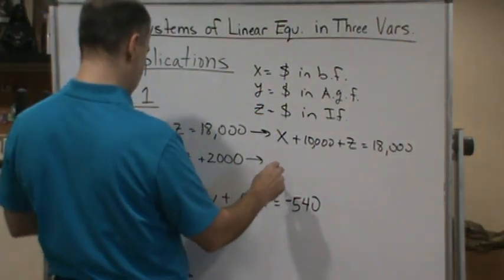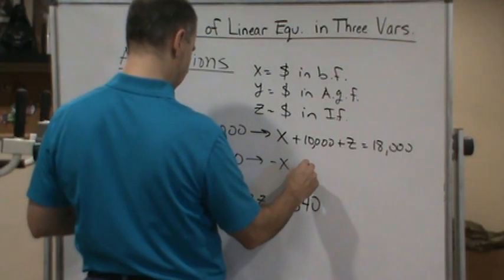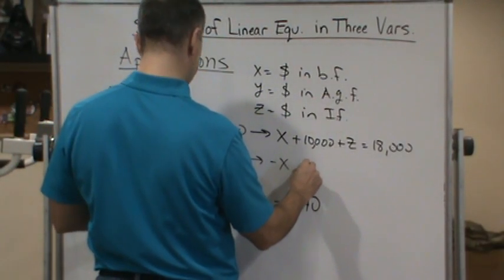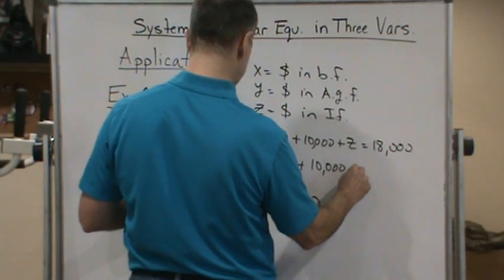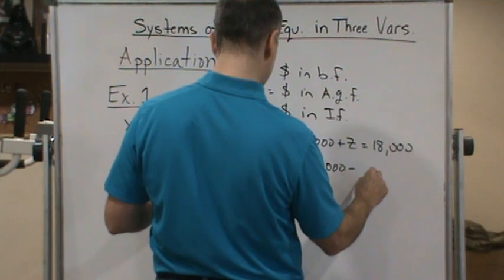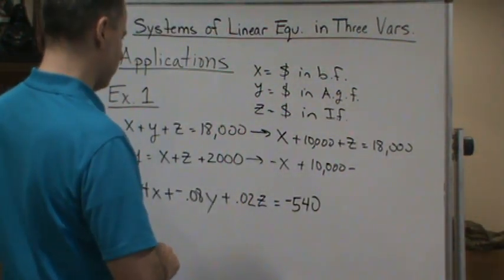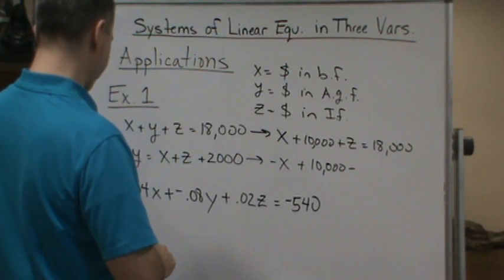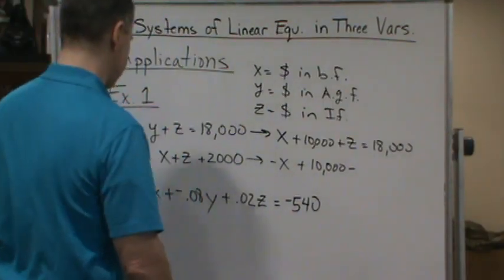This one becomes negative X plus 10,000... Oh, that's not going to work. That's right, because the X's and Z's cancel each other out. So in that case, let's do this.